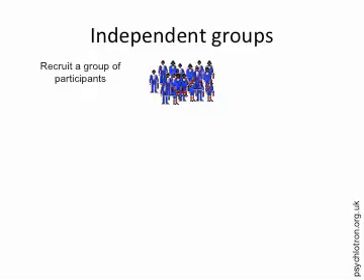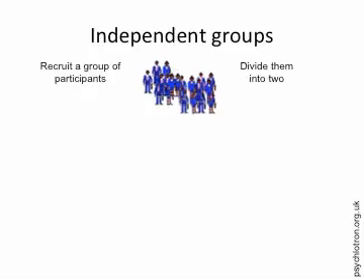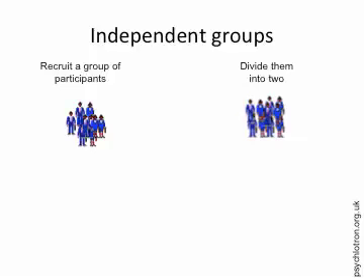In an independent groups design, we recruit a group of participants. Here they are. We then divide them into two groups. So in our example of the puzzles, we will be recruiting a group of participants, and we will then put them into two groups.